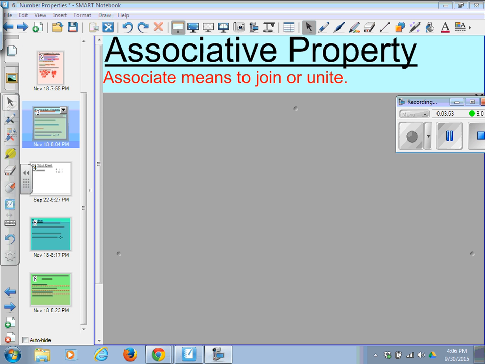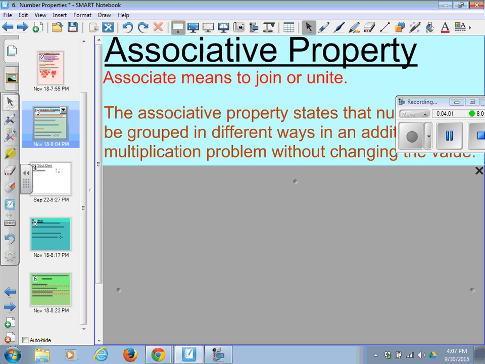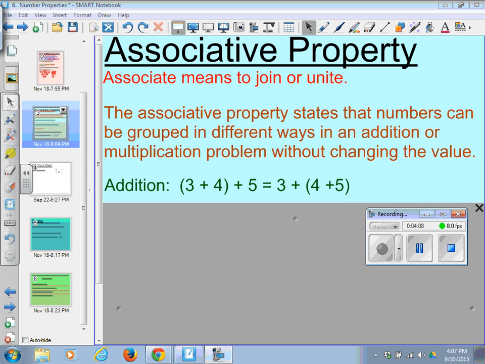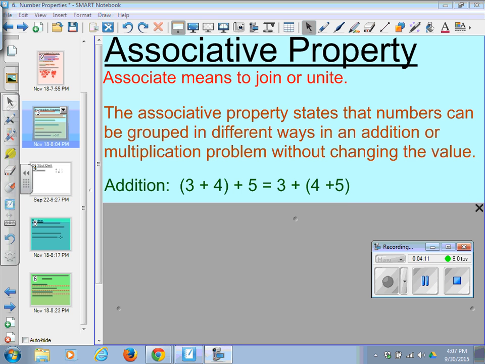Now moving on to our associative property. Associate means to join or unite. So, the associative property states that numbers can be grouped in different ways in an addition or multiplication problem without changing the value. I'm going to go ahead and underline in an addition or multiplication problem.